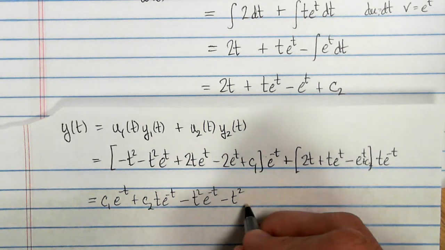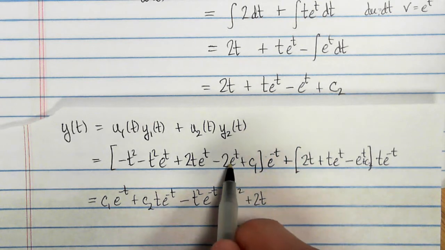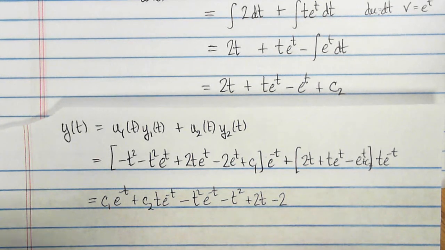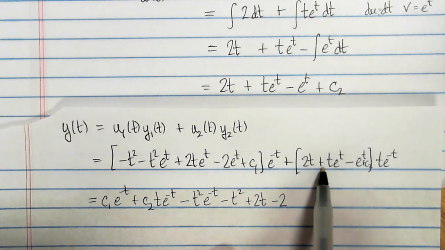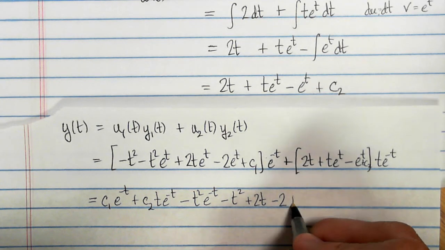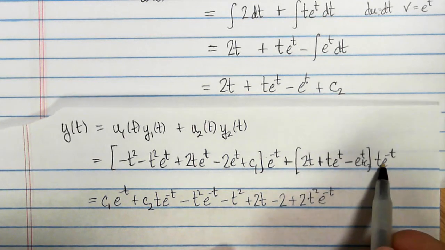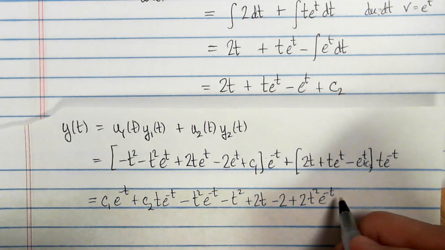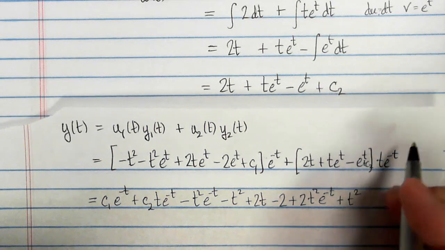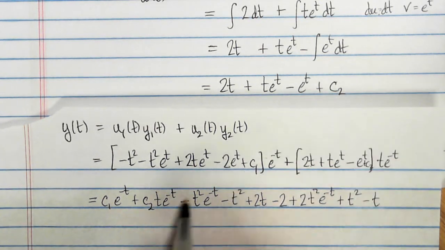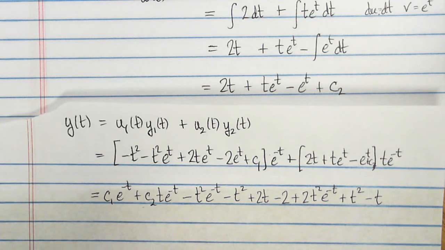Multiplying these two together, I get plus 2t. Multiplying these two together, I get minus 2. Okay, then doing the rest, here we get plus t squared e to the minus t from these two terms. From these two terms, I get plus t squared. Then on these, I get minus t, and I've already dealt with the constant, and that's up here up front.